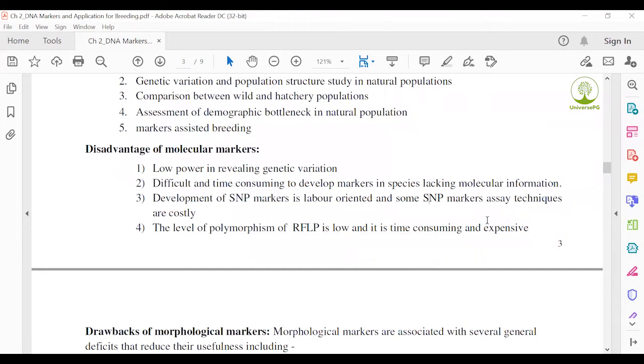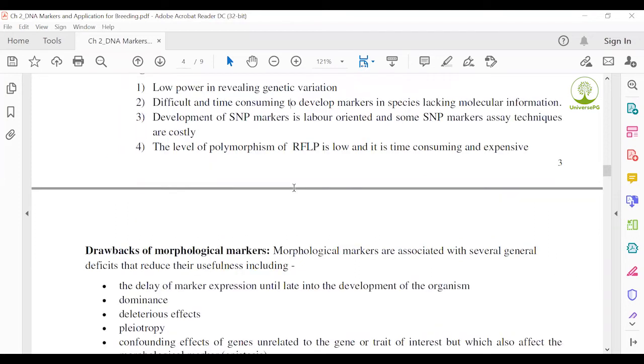It is time consuming and expensive. So the summary of the disadvantages: this method is time consuming and expensive and the level of polymorphism of RFLP is very low. So you read only two or three main disadvantages in this section.